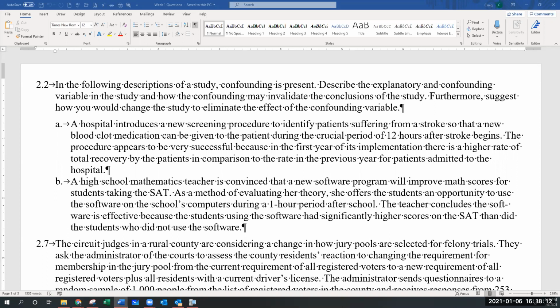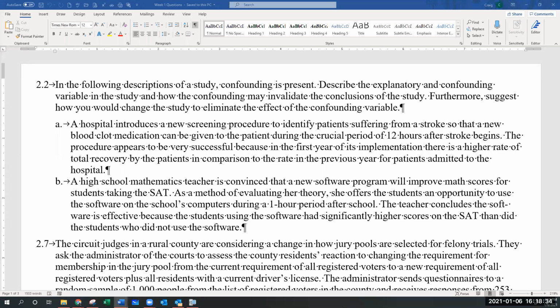Now, there could be more to it, but given the information from this scenario, all that we're told is the only change they made from last year to this year is they started giving them this new medication. So that becomes the explanatory variable, because that's the only change that's been done.